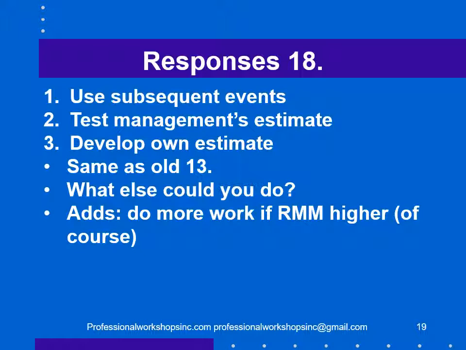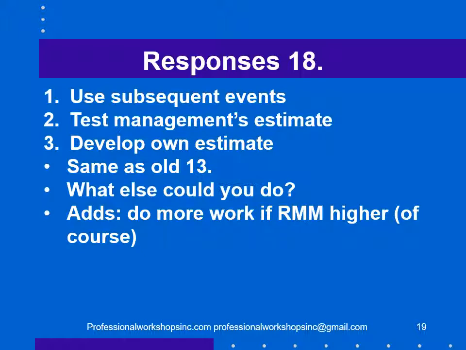For doing a private company that's got 5 or 6 months to get their financial statements out, then perhaps subsequent events will be helpful. 2 other choices: test management's estimate or develop our own estimate. Now that is the same as old paragraph 13, and indeed, what else would you do? I don't think there are any other choices. So it looks like a restrictive list, but really it describes basically the only 3 things we could do.